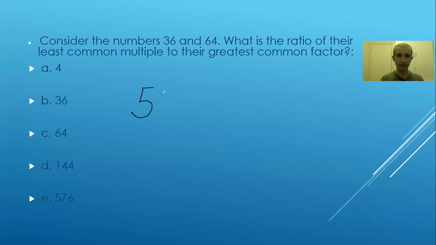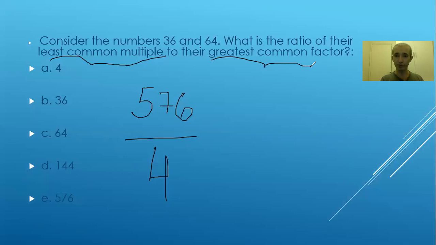We get 576 as a result when we calculate the least common multiple, and we get 4 as a result when we find the greatest common factor. As a result, we have 144.